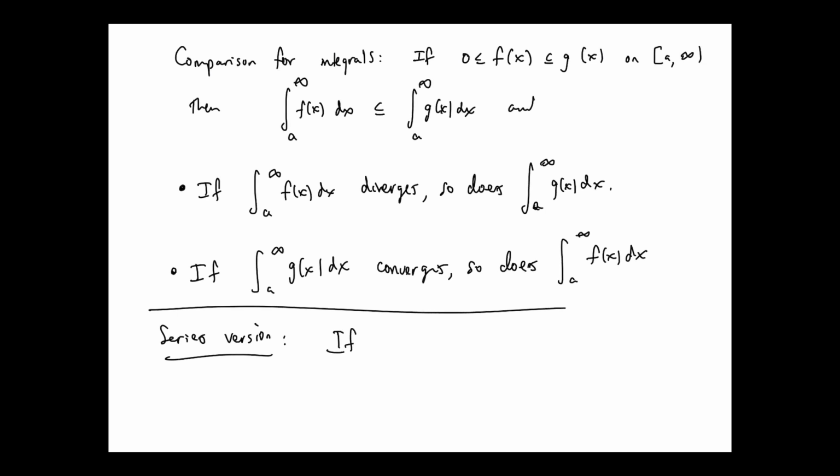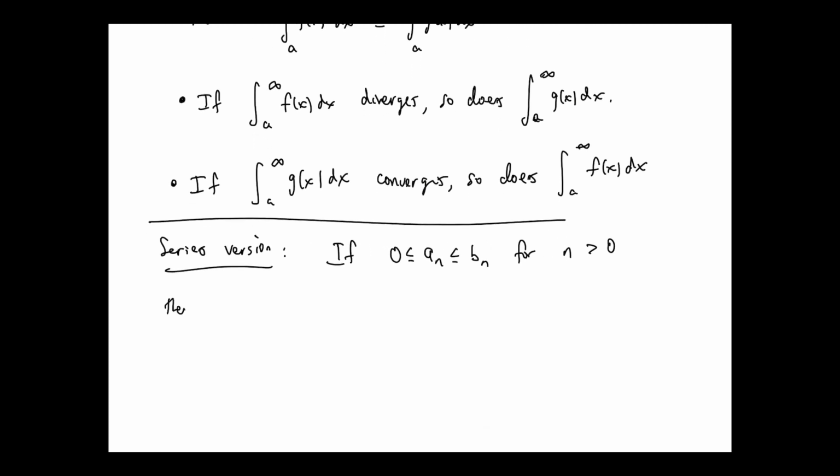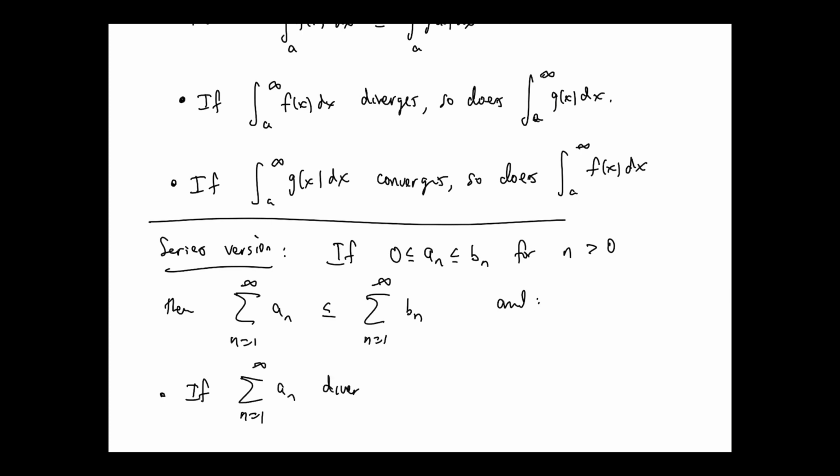So I'd say if 0 is less than a sub n is less than b sub n, for n greater than, say, 0 or 1, then this series is less than or equal to that series, and if the first one diverges, so does the second.